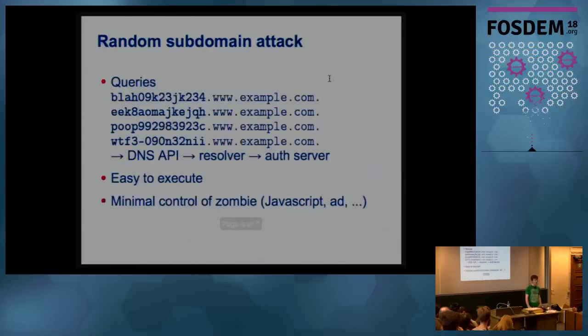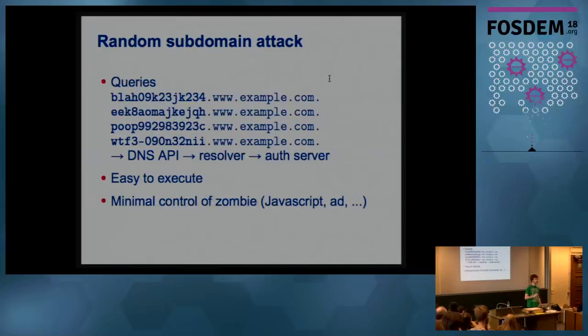So now, the attacker wants to flood us with a bunch of queries, and what are the options? Of course, he can spoof IP addresses and so on, but that's kind of easier. Well, there are ways to deal with it. But there is one particularly nasty attack, which from the attacker doesn't require basically anything special. It might be just a web page with a little piece of JavaScript.